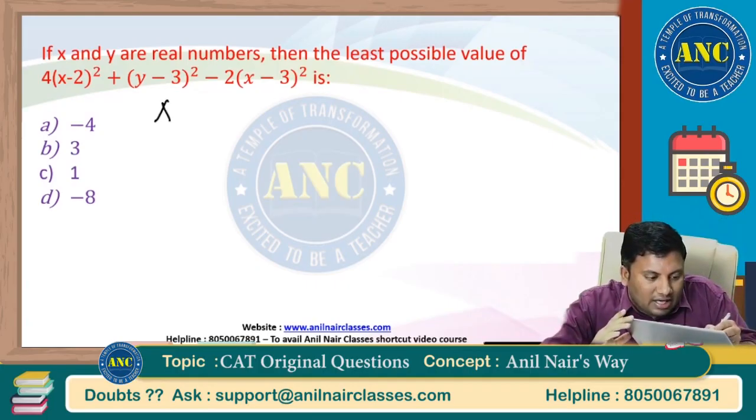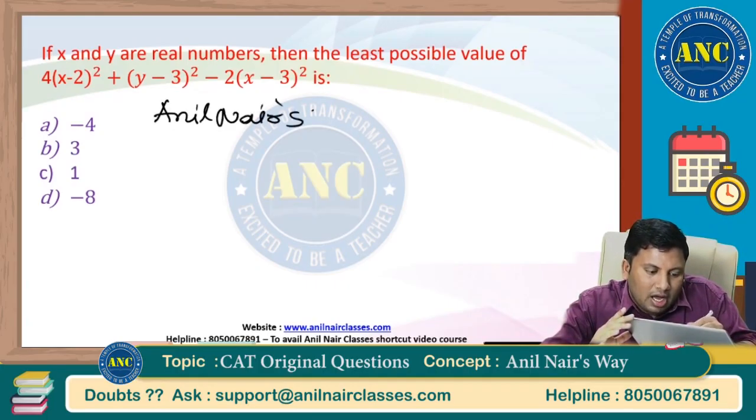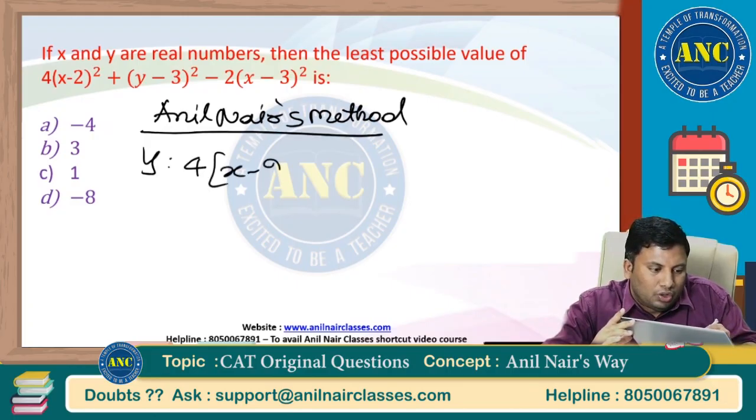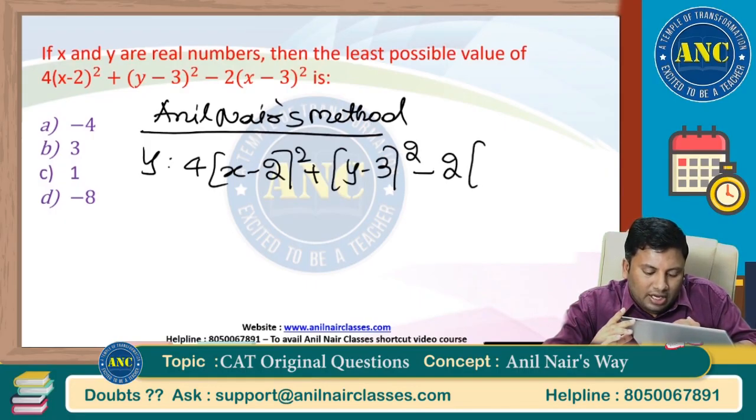Now, Anil Nair's method. How did I solve this question? Y is nothing but 4 into (x minus 2) square plus (y minus 3) square minus 2 into (x minus 3) square.